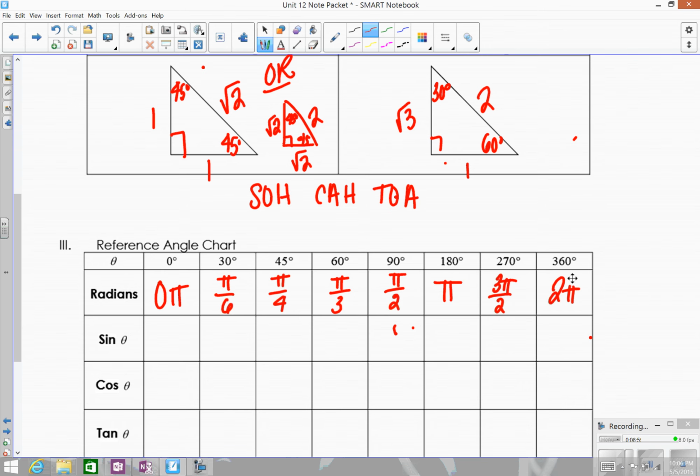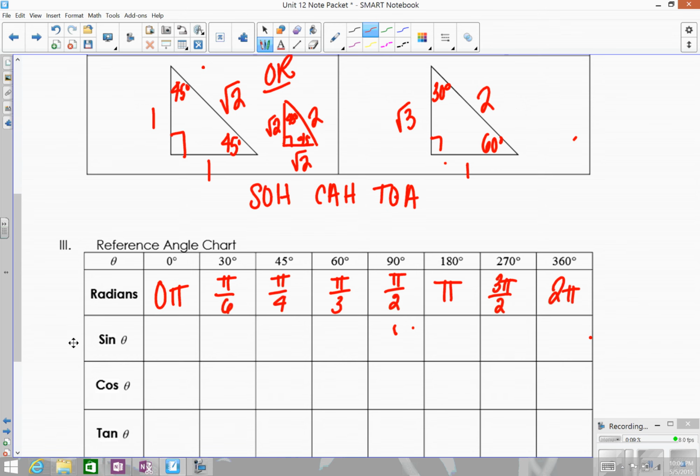So if you want to convert everything else, well, 360, there's two 180s in 360, so that's why it's 2 pi. If you're thinking about 90 degrees, half of 180 is 90, so half of this pi is 90 degrees. For 60, well, 180 divided by 3 gives me 60, so I take pi and I divide it by 3. So that's really the pattern. But we'll talk more about how we can convert between degrees and radians in a little bit.